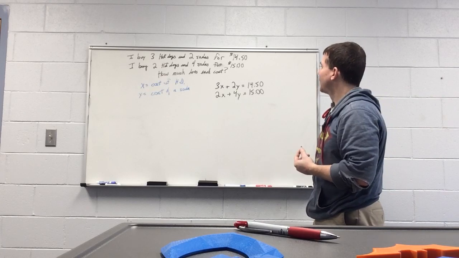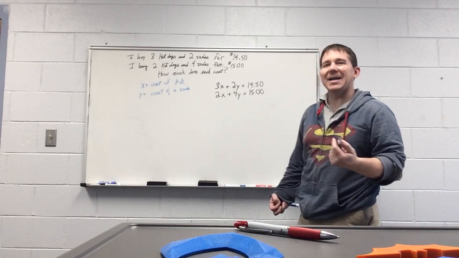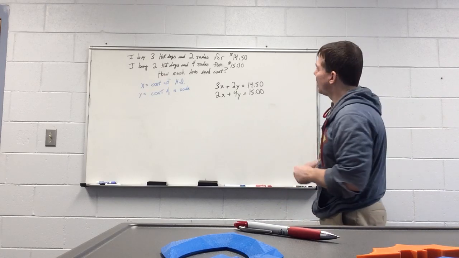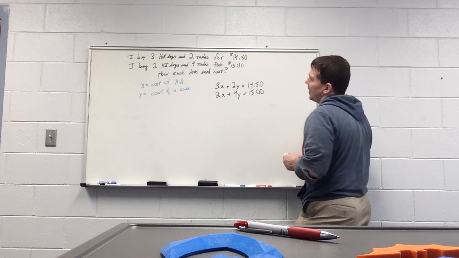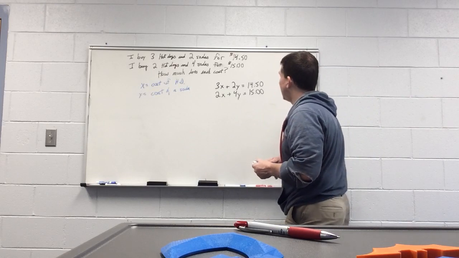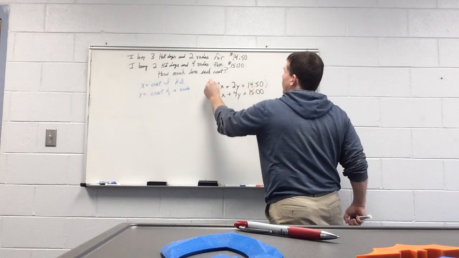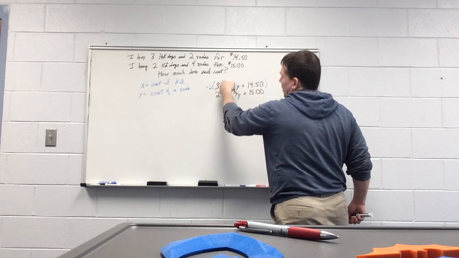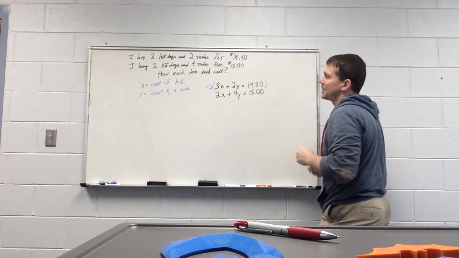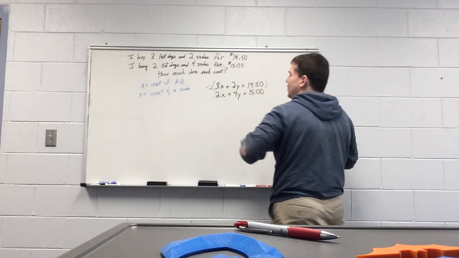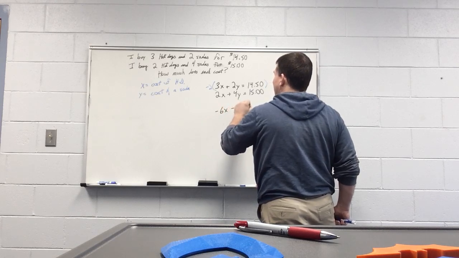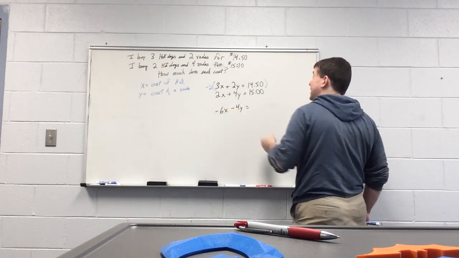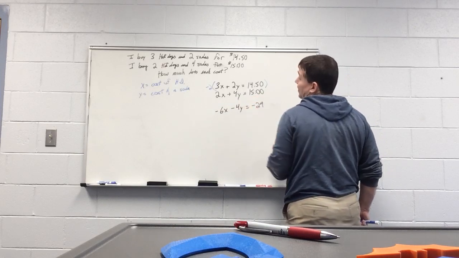Solve it all out. And you can choose how you want to solve it. In this case, maybe I'll go with elimination. And I'll just multiply the top row by -2. Because then I'll have a -4y and a positive 4y. So if I do that, I get -6x minus 4y equals 14.50 times -2, which is -29.